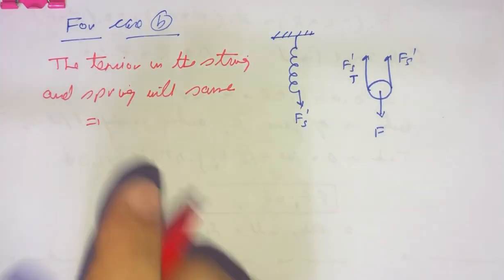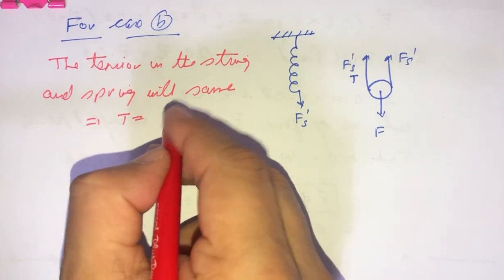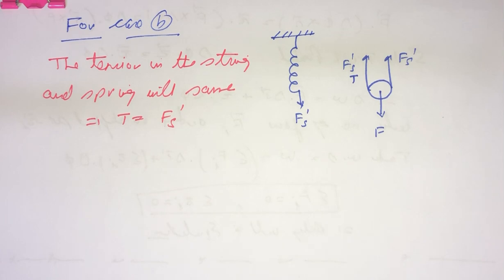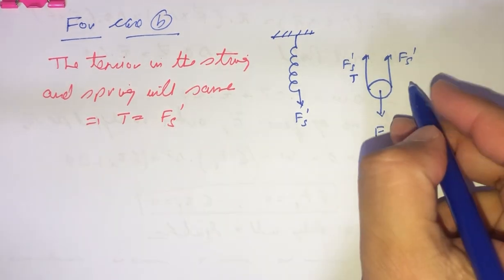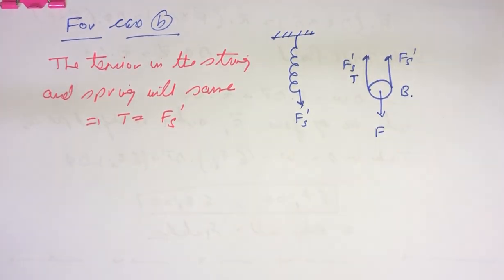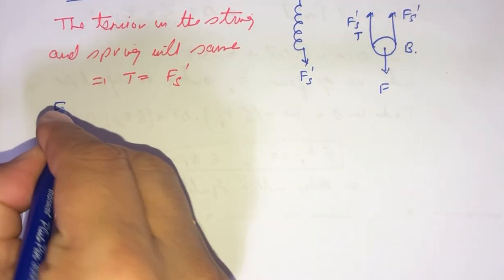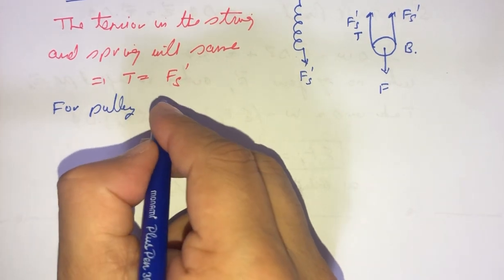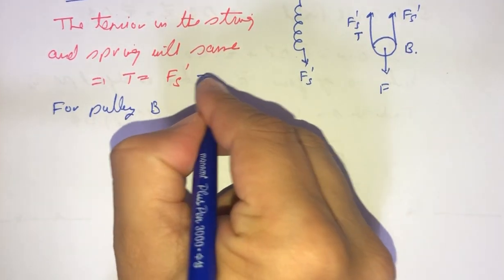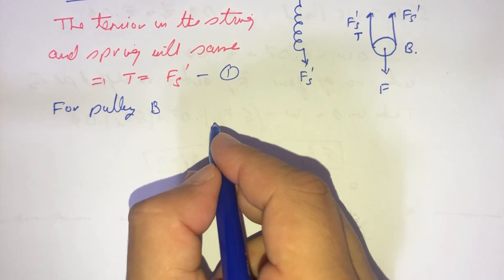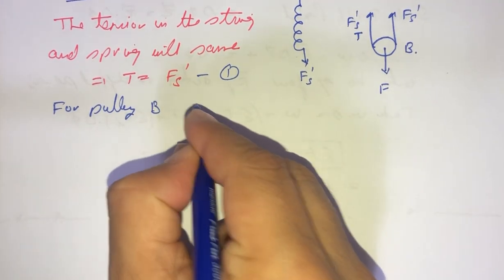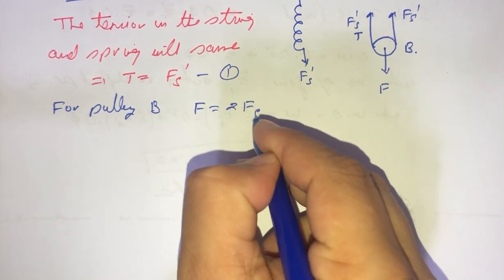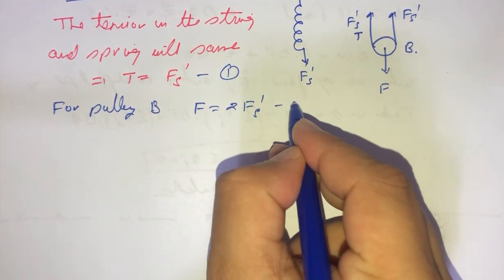This implies that T is equal to Fs prime. Let us call this case B. For pulley B, let us call this equation 1. For pulley B, F will be equal to twice Fs prime, and let us call this equation 2.